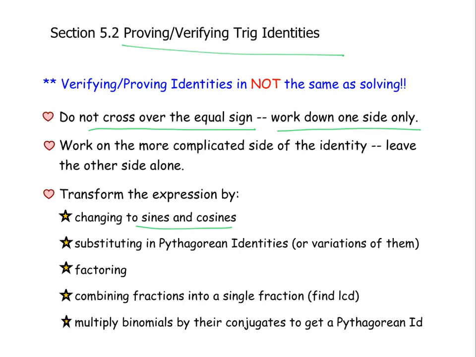If we see any Pythagorean identities or variations of them, we're going to substitute. We might also factor. We could, if we had fractions, combine them with a least common denominator, and then also multiply binomials by the conjugate. So these are the 5 steps we're going to look for to help us prove or verify the identities.